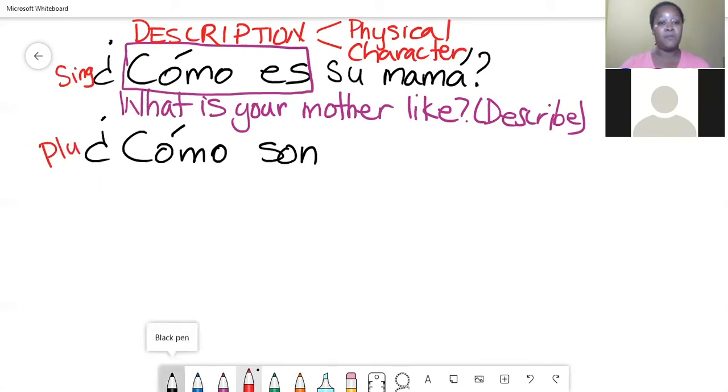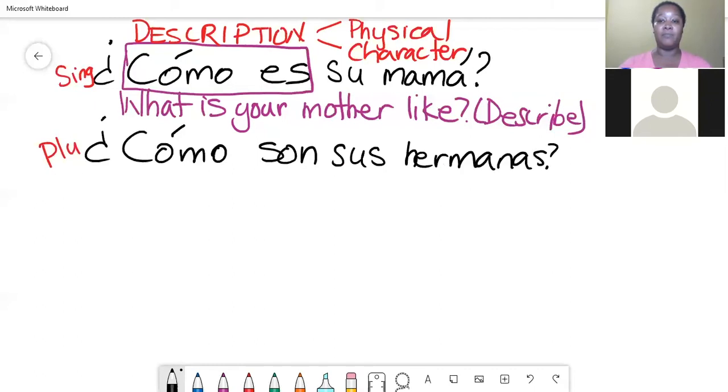Now down here for the ¿Cómo son, where you're asking for more than one person or thing, we're going to use persons in this case. Let us say that you have sisters. So the question could be ¿Cómo son sus hermanas? And this is asking, what are your sisters like?